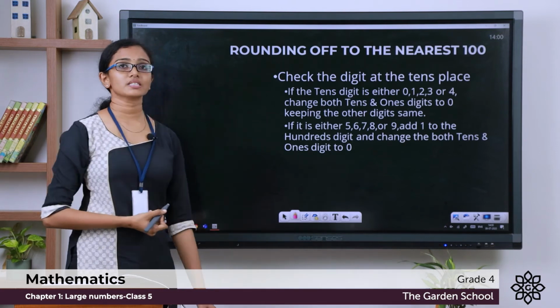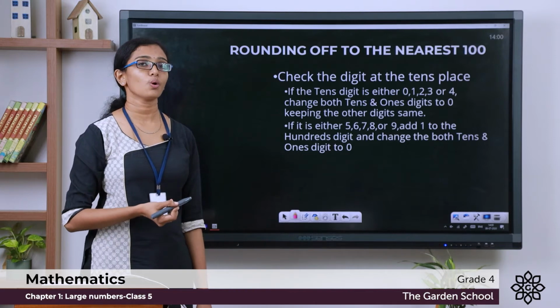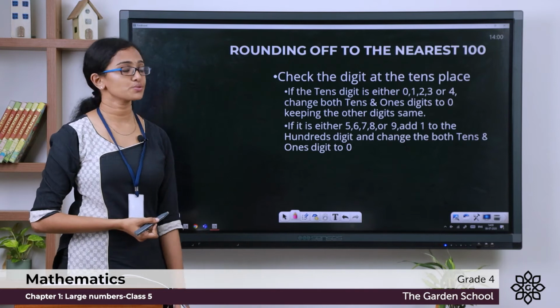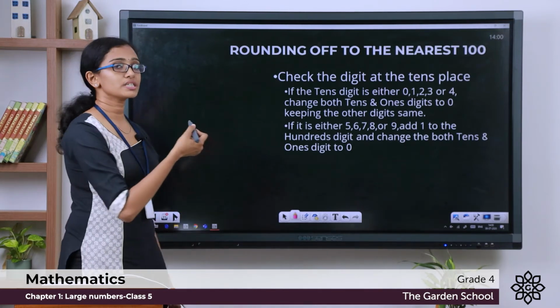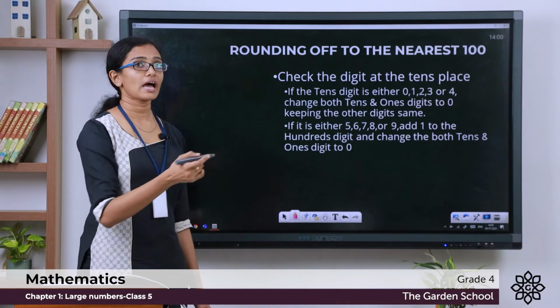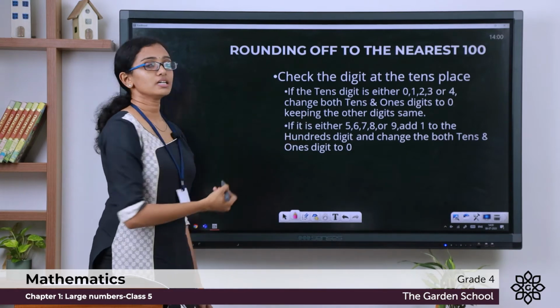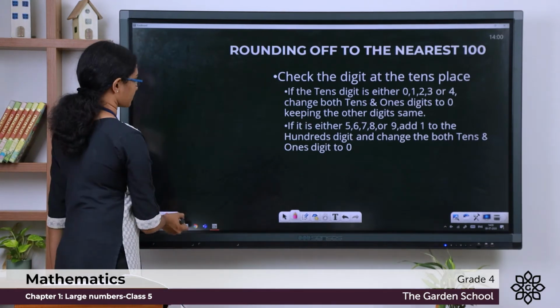If the tens digit is less than 5, if it is either 0, 1, 2, 3 or 4, we have to change both tens and ones to 0 and other digits will remain the same. If the tens digit is 5 or more than 5, you have to add 1 to the hundreds digit and change the tens and ones to zeros. Now let's see that with examples.